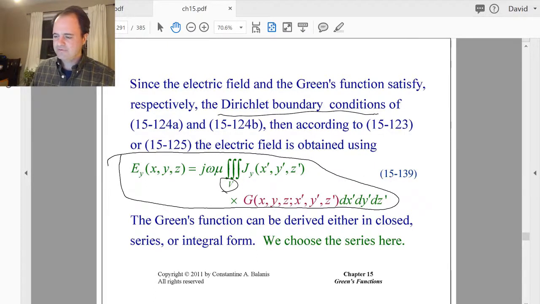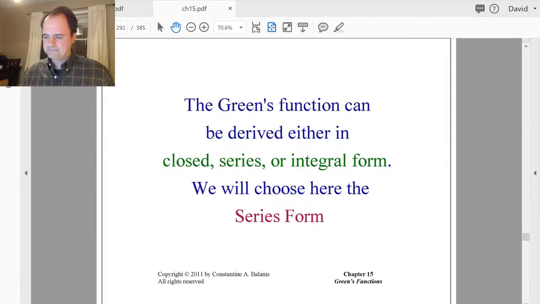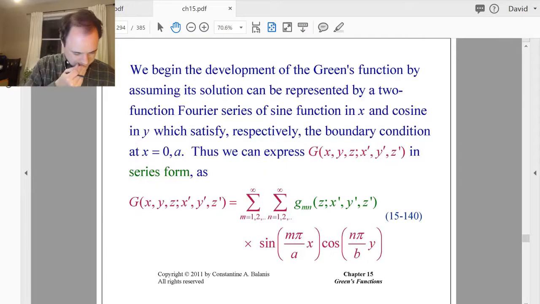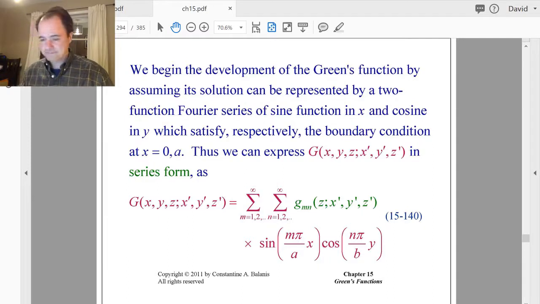So the Green's function can be derived either in closed form, series, or integral form. We choose the series form for this.